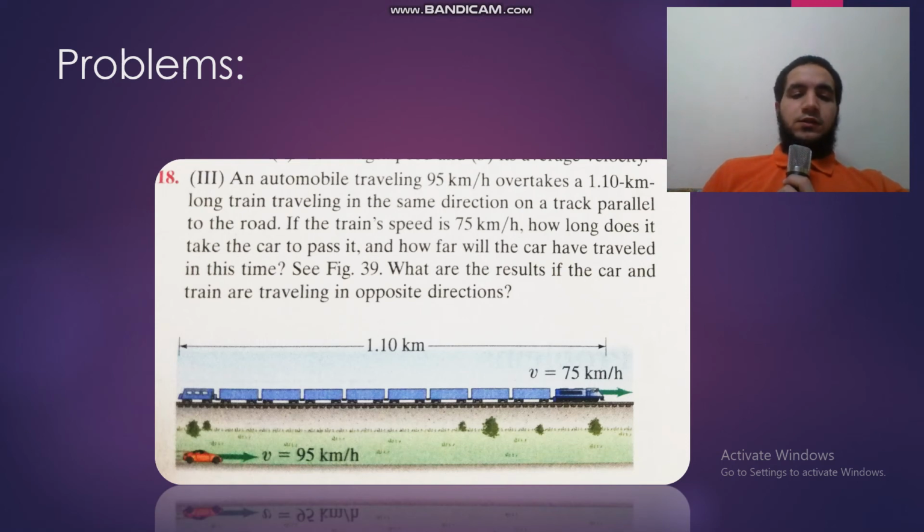Assuming that this train is at rest, the car will be at 20 km per hour, and we'll find how much time it will take to cover this 1.1 kilometer, right?